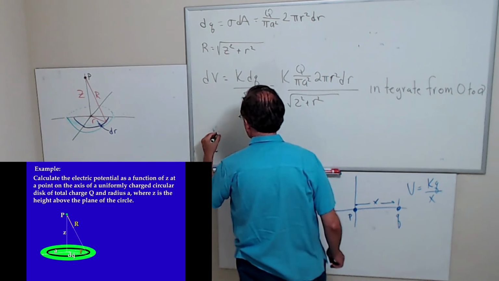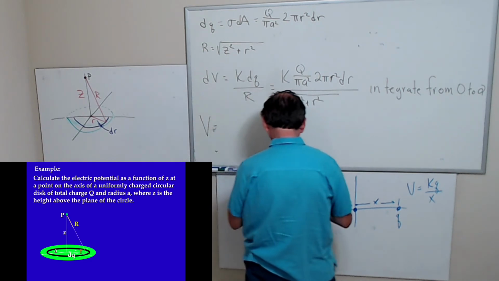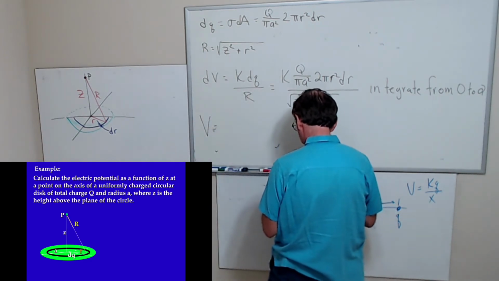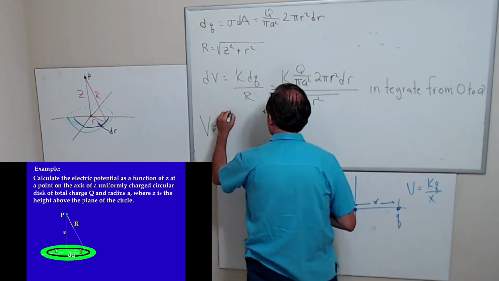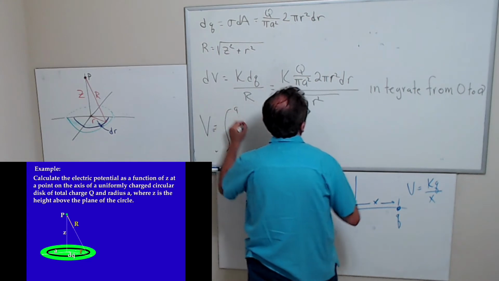So V is the integral from 0 to a of this thing.